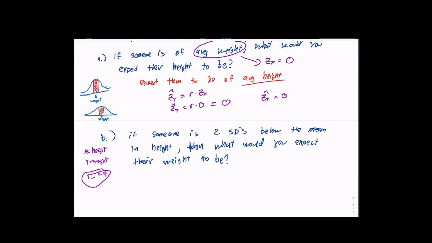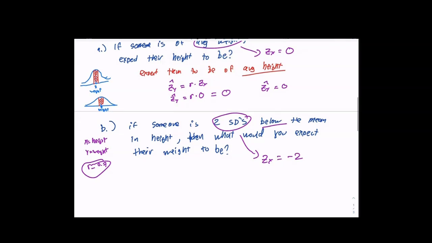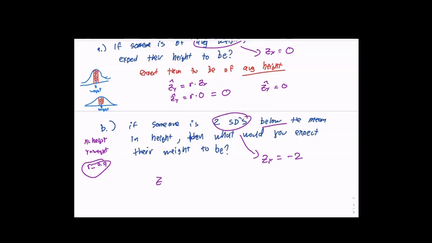Now, how much below, right? So what I've told you here is that the z of x is -2 because it's below. So if we utilize our formula, we get that the z of y would be r times z of x, which is 0.7 times -2, which is -1.4.